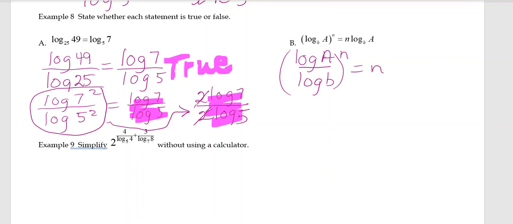We have n times the log of A over the log of B. So those two things clearly are not the same, right? I mean, I guess they could be if n equals 1, but n doesn't always equal 1. So we're going to call that one false.